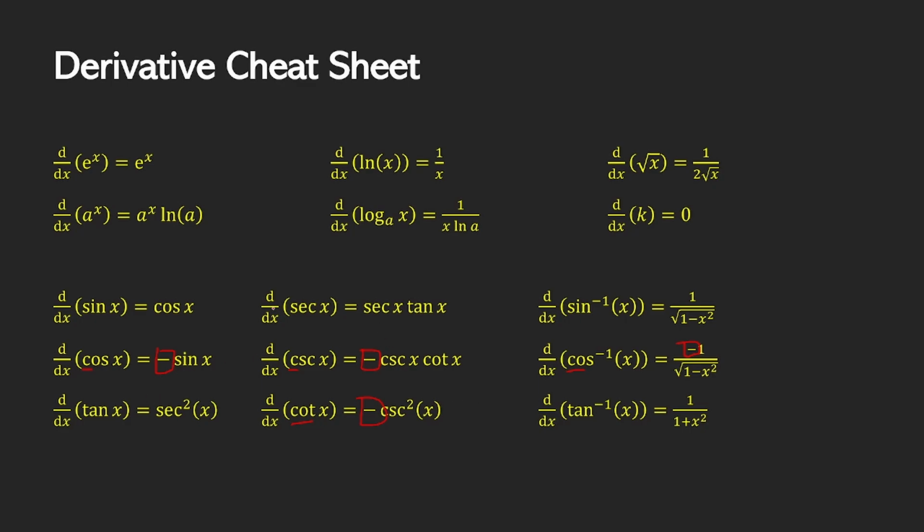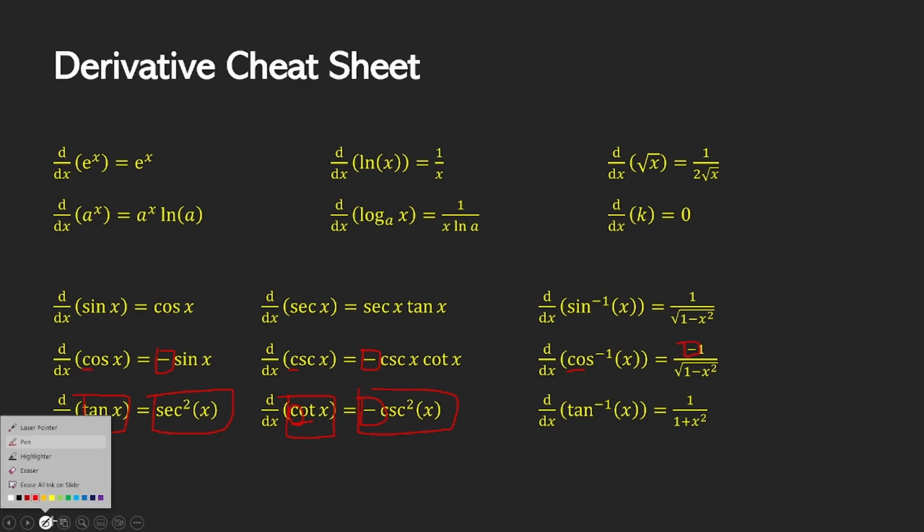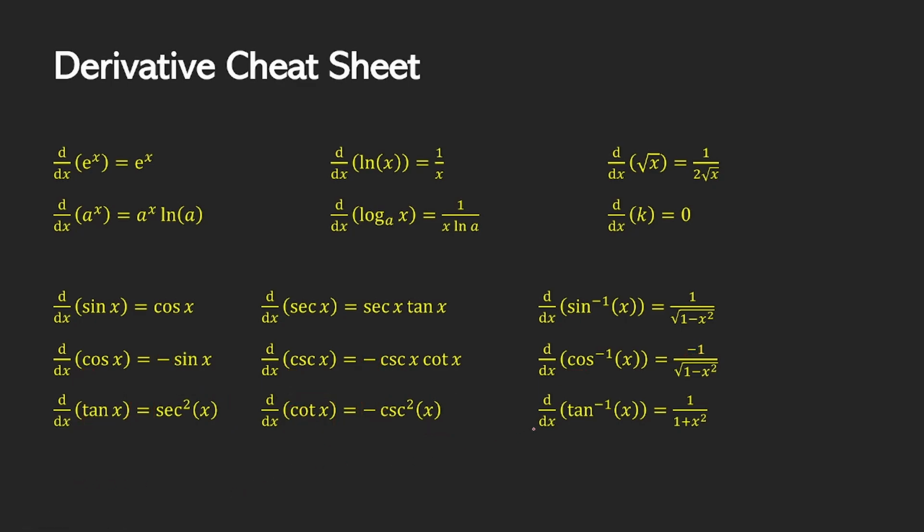And also, another pattern, differentiating a tangent function will give you a reciprocal function squared. Differentiating a cotangent function will give you the reciprocal function squared. But of course, since this has a c, you get the negative out of it, okay? And for the inverse functions, obviously you can see these are very similar. The pattern should be apparent to you.